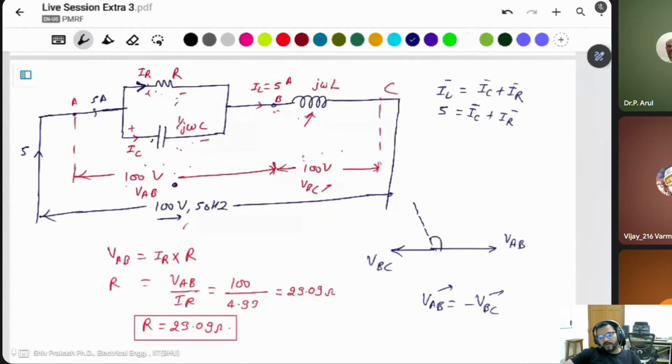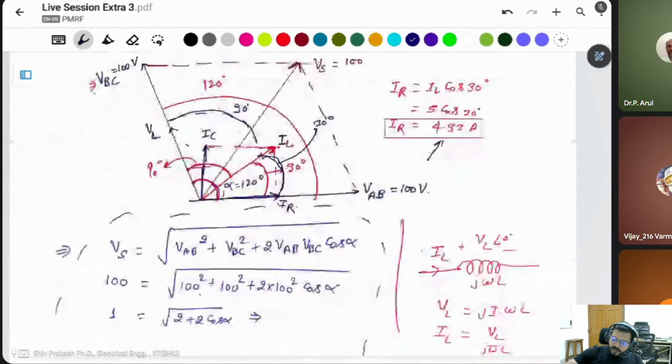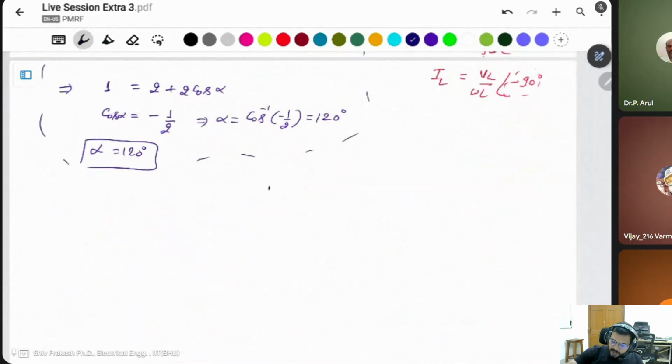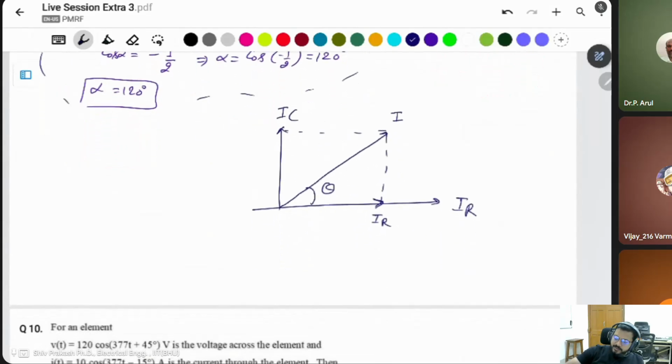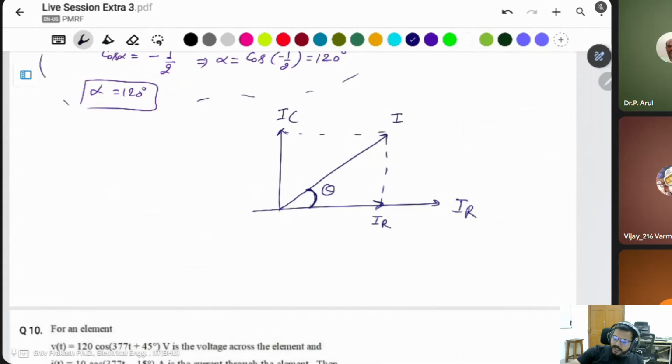There is no direct formula for this one: IR equal to IL cos 30 degree. Because if there are two vectors, IR and IC, and the combination of these two has some value, suppose I, and the angle difference is theta, then if you want to find this IR, if theta is connected to that side, in this case IR is I cos theta.